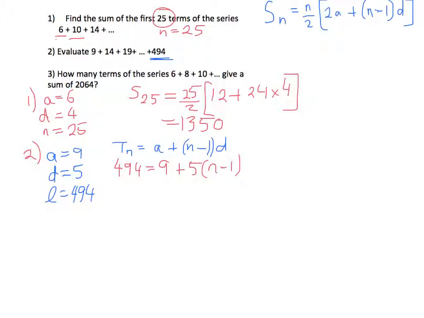So we can subtract 9 from both sides. We can then divide both sides by 5. And then we can add 1 to both sides. That means the last term, the 494, represents the 98th term. So we want to find the sum of these 98 terms.